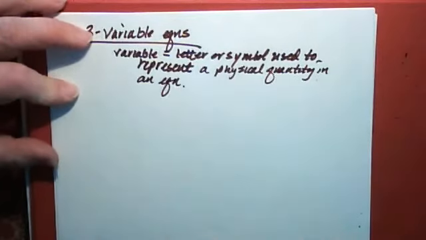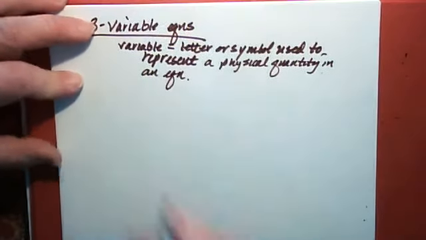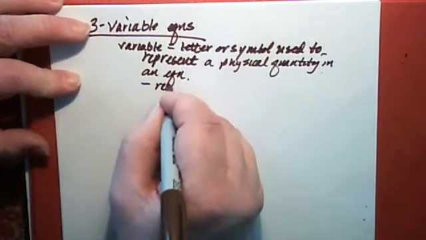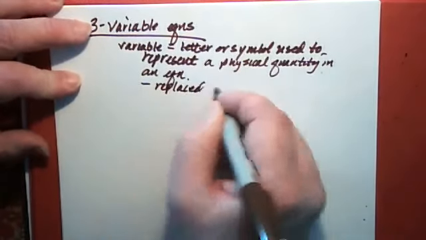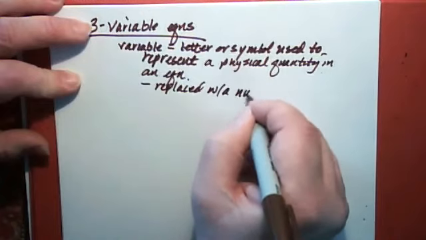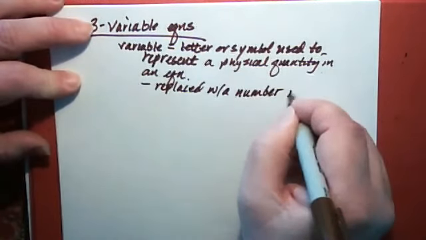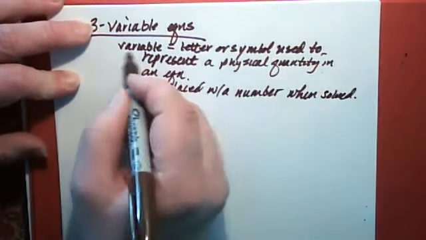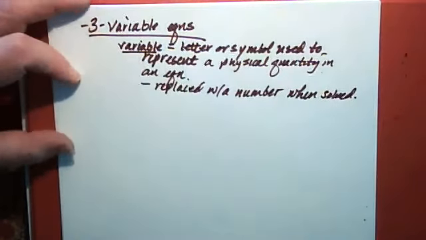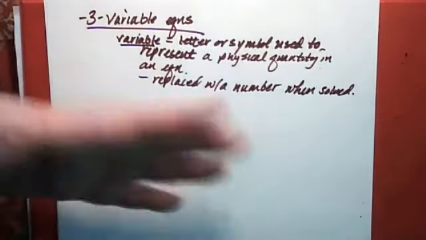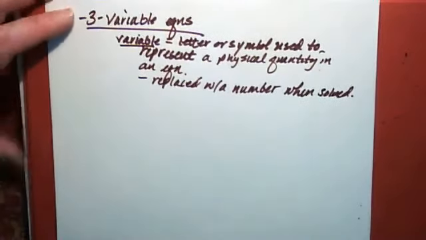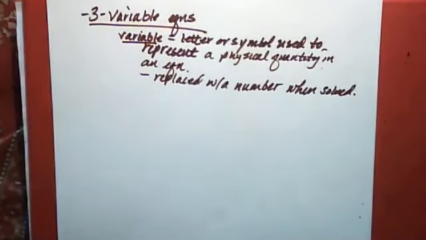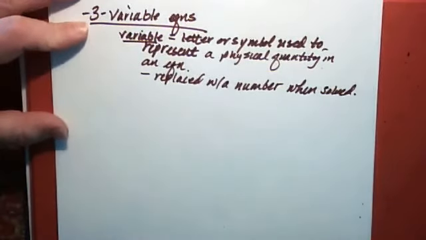Basically, when the equation is solved, the variable is usually replaced with a number. Like x equals. X would be the variable, and you're hoping, in most cases, to put a number on it.